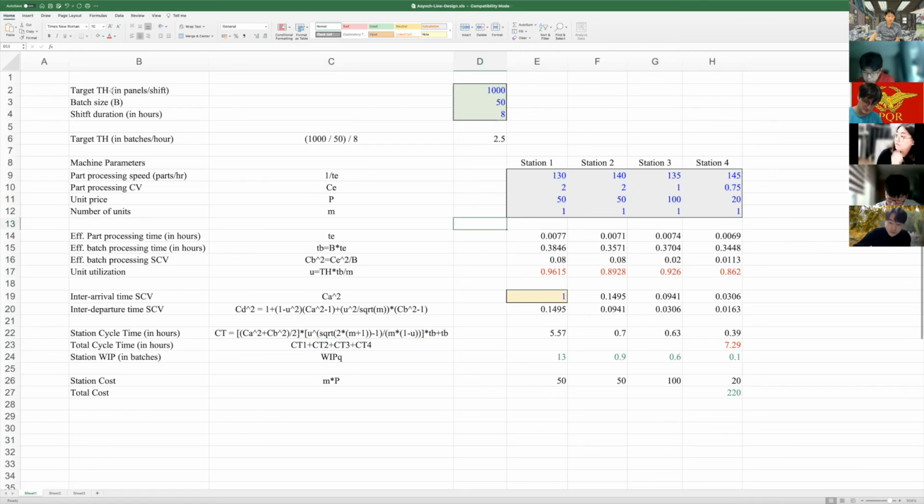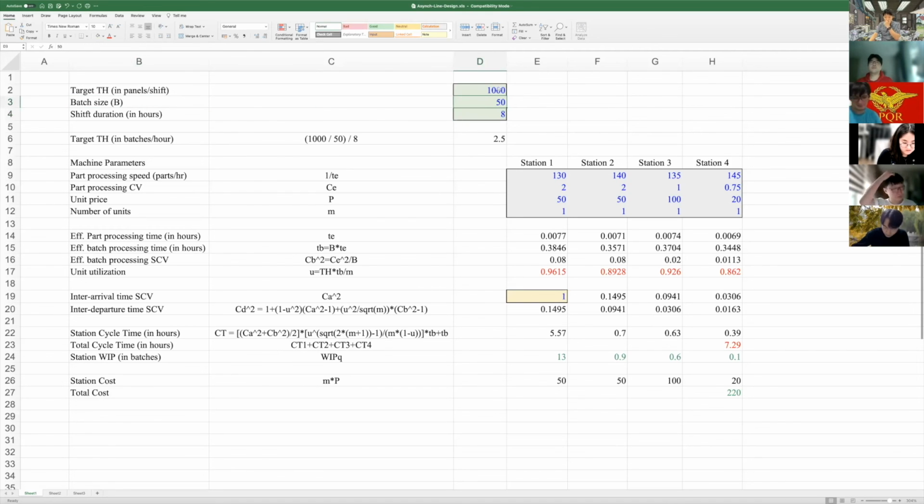In this case, the target throughput is 10,000 products per shift. And that shift also can be determined. In this example, it was 8. But of course, we can change this number also. Also, the batch size can be changed.